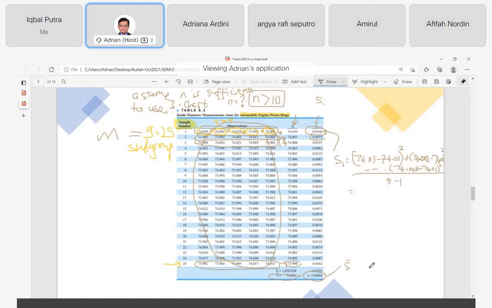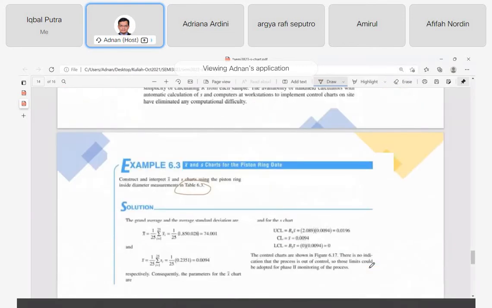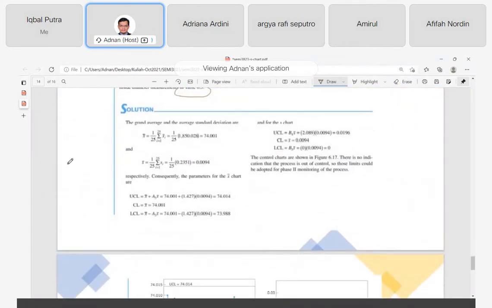Based on this data, X double bar, we get this finally, the center line. Meaning that we have center line for this chart, X double bar equal to 74.01.